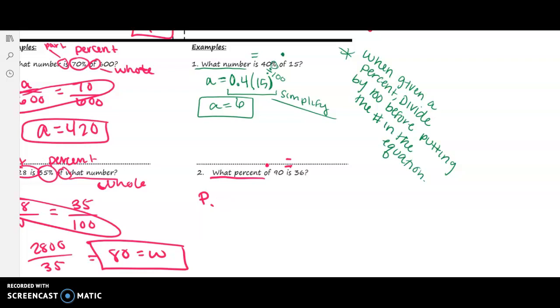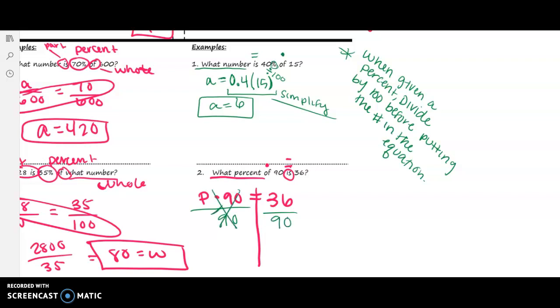P times 90 equals, because "is" is right here, 36. So we have P times 90, so we're going to do the opposite. We draw our line, and we're multiplying by 90, so we are going to divide by 90 on both sides to get P by itself.